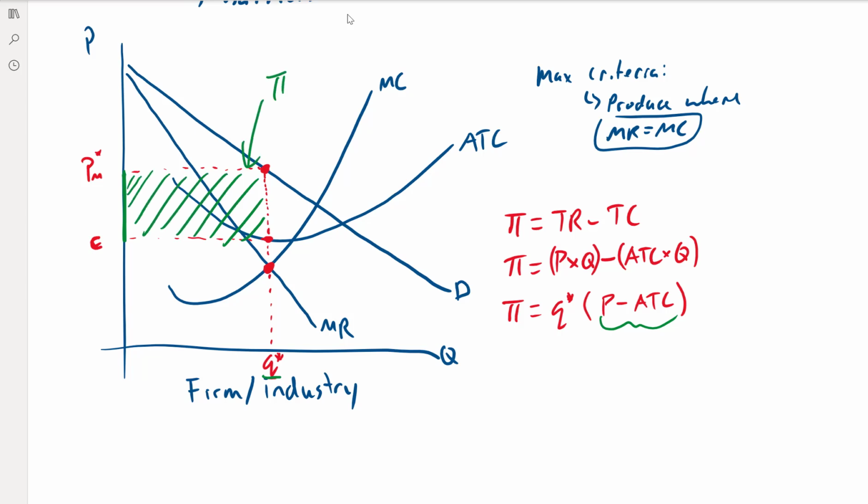So this is this economic profit. And it's greater than 0 here because the demand curve is above the average total cost here. So now in the long run, you could still make economic profit as long as there's still these barriers to entry. So this is what a profit maximization diagram looks like for monopoly when we have U-shaped cost curves.